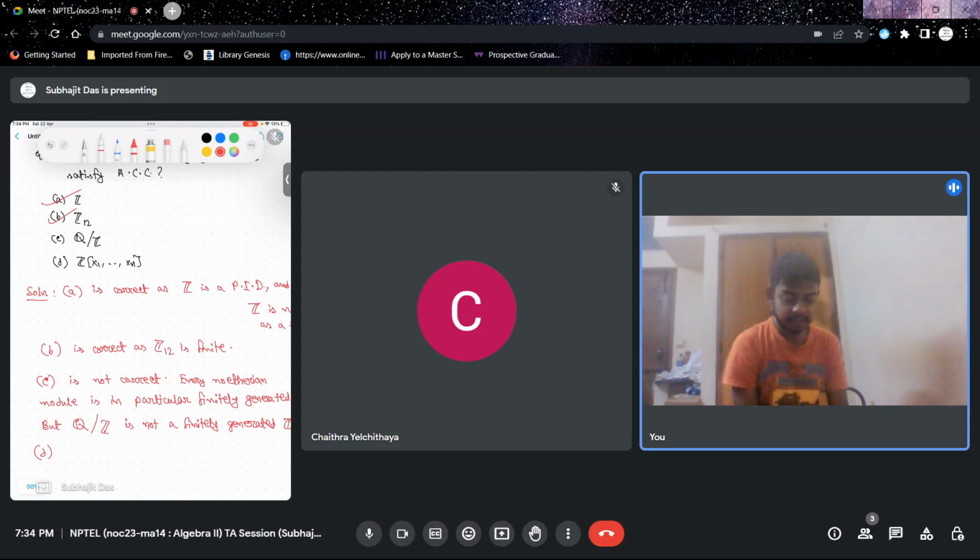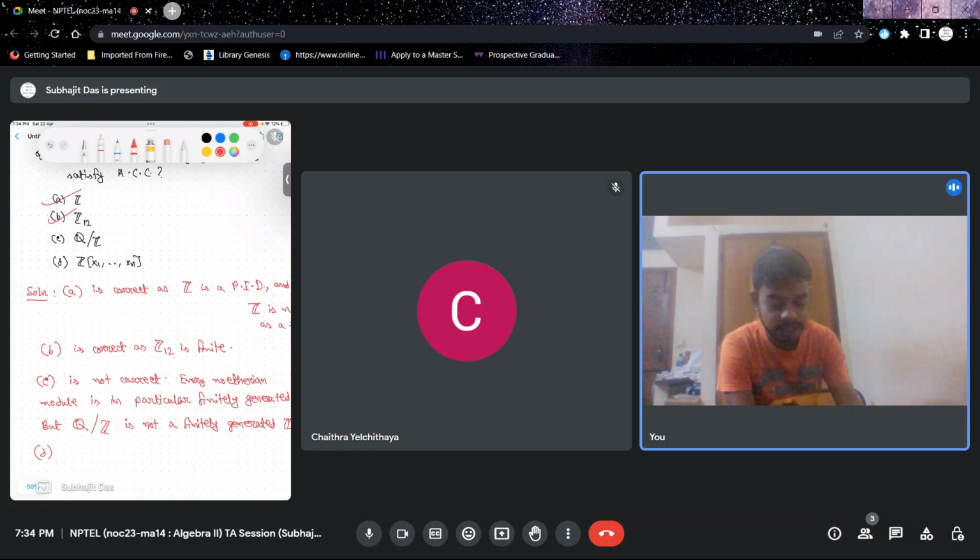This is a polynomial ring in n variables. You can consider it as a Z module. Is this Noetherian as a Z module?